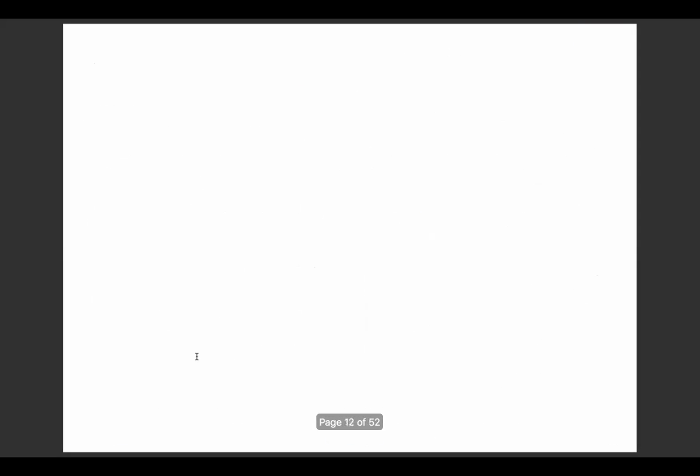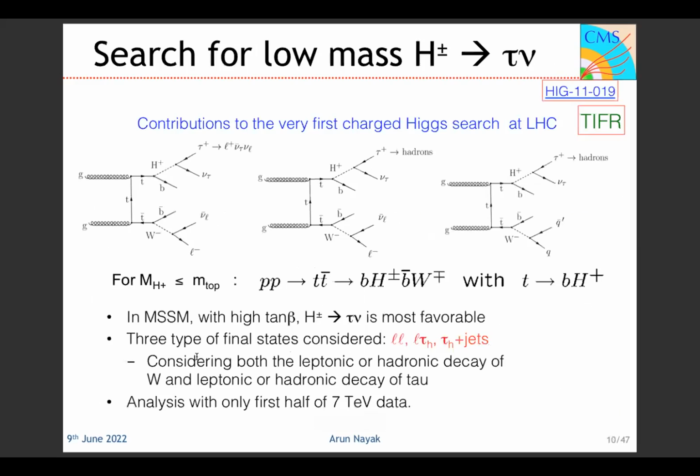So okay, let me go back. Nice talk first of all. Thank you. So this analysis, charged Higgs to tau nu, there was actually not that much Indian contribution. As I said, there were some theoretical inputs, mostly from Professor Manoranjan Guchhait. But DP Roy was not part of CMS.